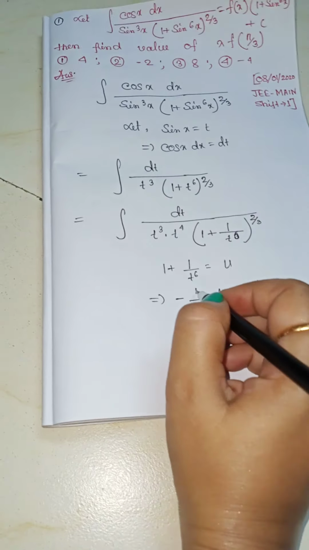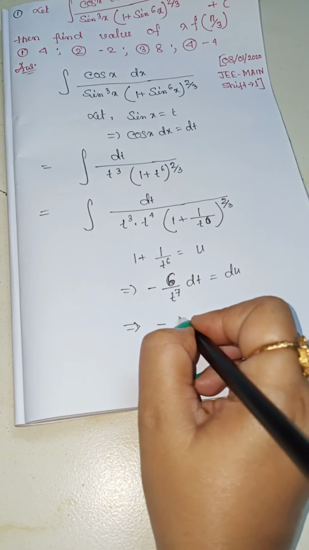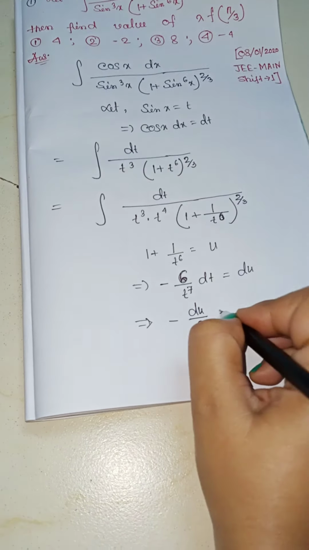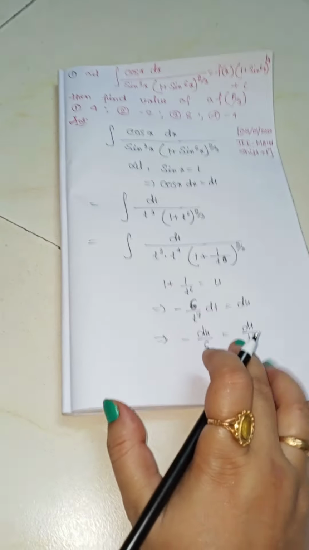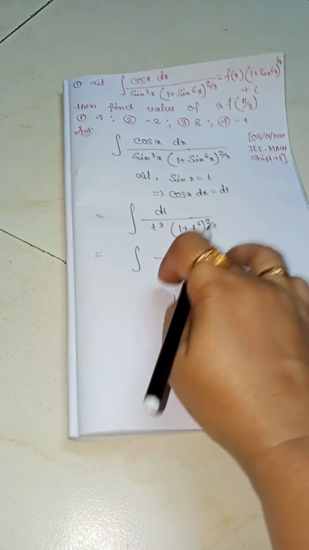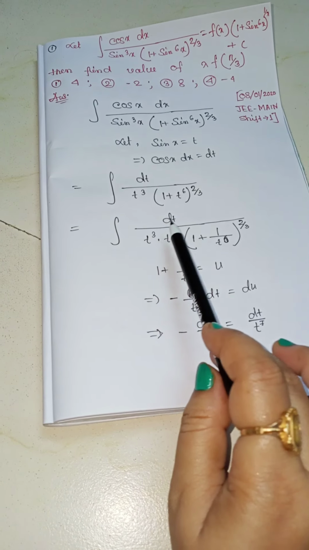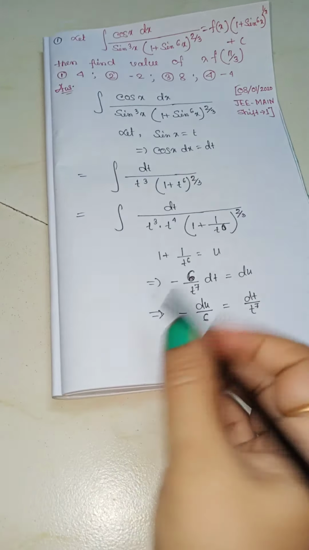So therefore, simplifying this, minus du by 6 is equal to dt by t to the power 7. Now we eliminate t by placing the value with respect to u.